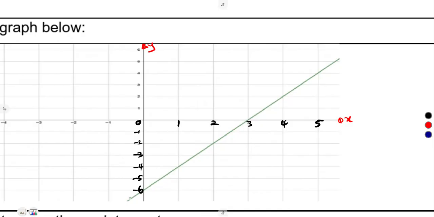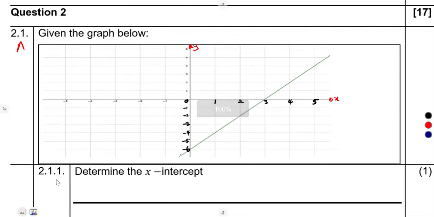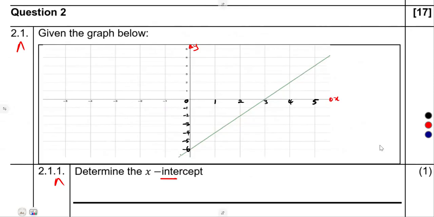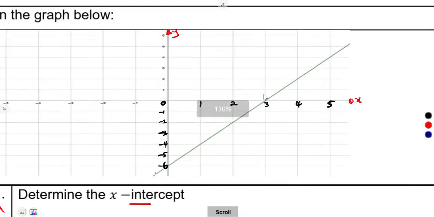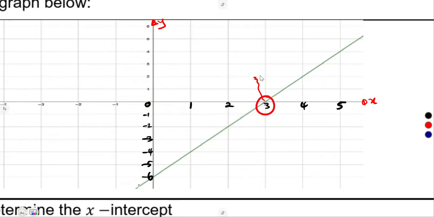So from this graph that we are given, the question was determine the x-intercept from the graph. We do not even have the equation. We just need to look into the graph where it crosses the x-axis. So the graph crosses the x-axis at what? At 3. That's our x-intercept.